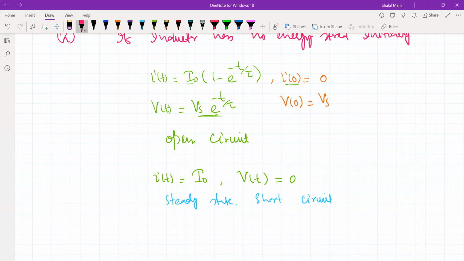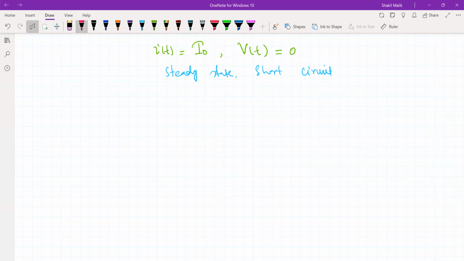Now, the third important observation that we learned in the previous session is that inductor current cannot change instantaneously.